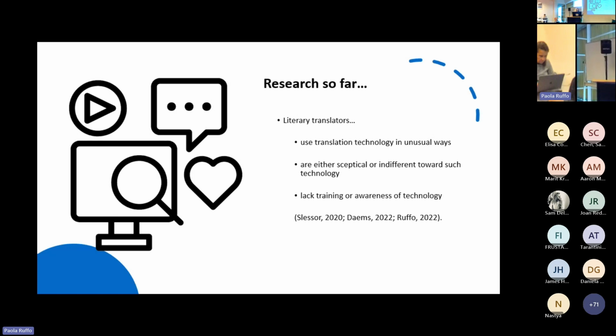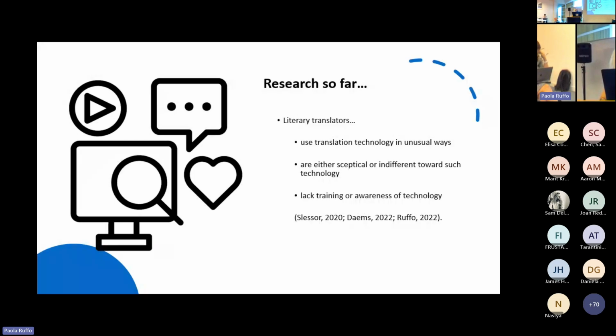This might include, for example, in a survey that I conducted, not for this project but for a different project, some of the translators using machine translation to back translate things. So they would translate everything manually, like they would normally do, and then just put it back into the machine translation to check, for example, that they didn't miss any sentences, which might be something that happens quite often when you translate in Word. So things like finding creative ways of using technology that is not necessarily what the technology was created for.